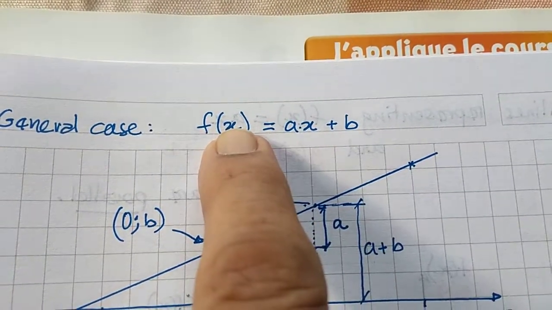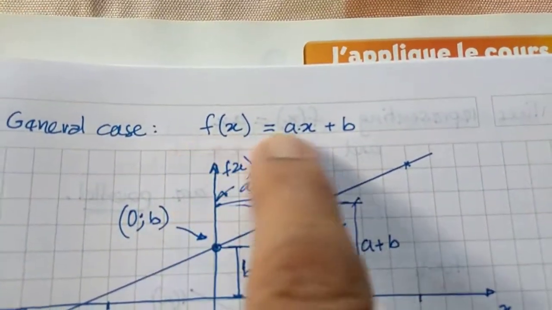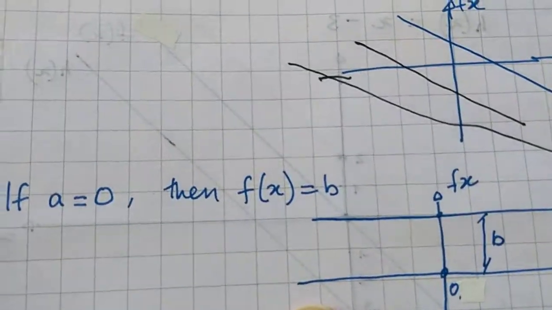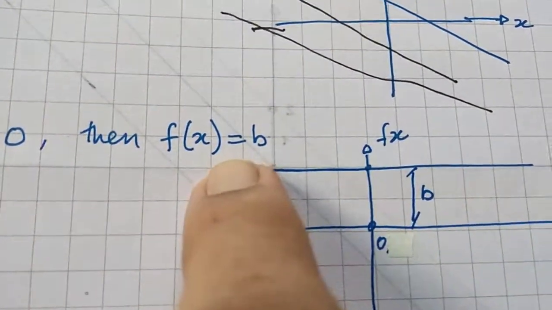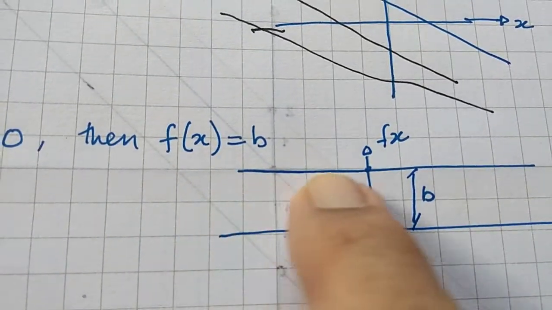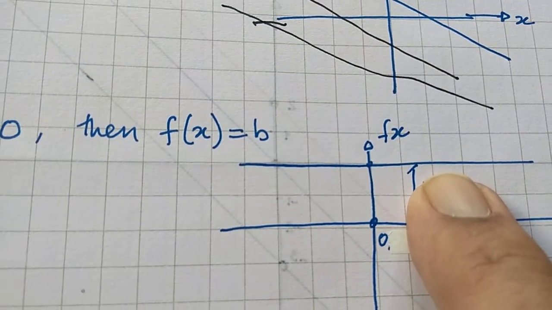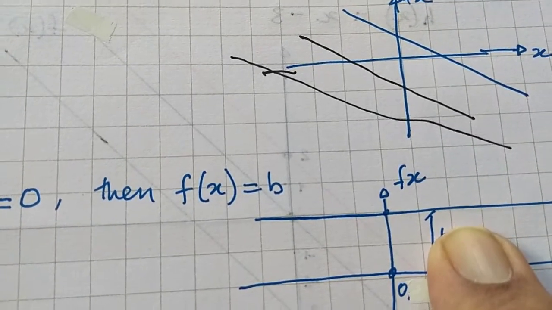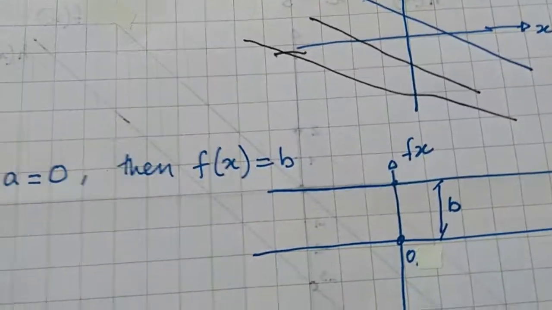So irrespective of the value of x, the value of f of x is b, and you'll get this graph where this is the x-axis and this is the graph representing the function f of x is equal to b. This is known as a fonction constante. Remember, we had done this.